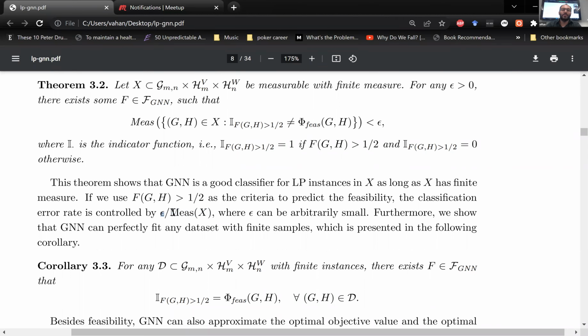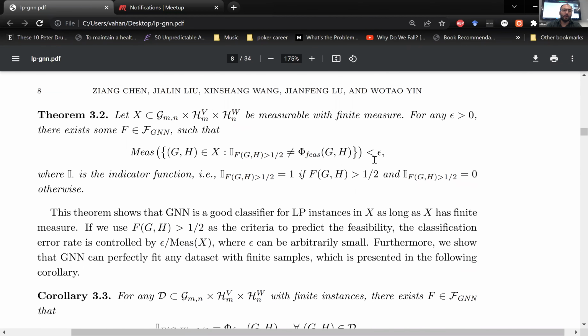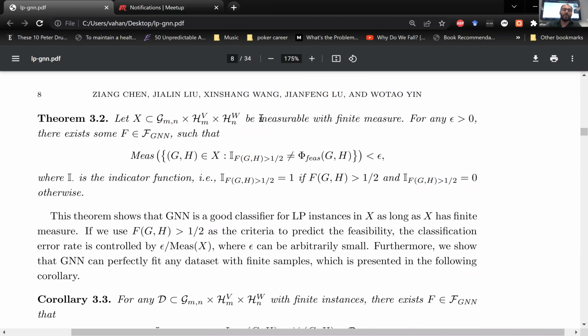Because if you can't, this theorem here relies on the graph that we define here, so the graph and the weights being measurable with a finite measure. So I think this can be a problem with mixed integer programs. Maybe not, because maybe it's still discrete, but it's still in a limited space, right? I guess it's about, yeah.